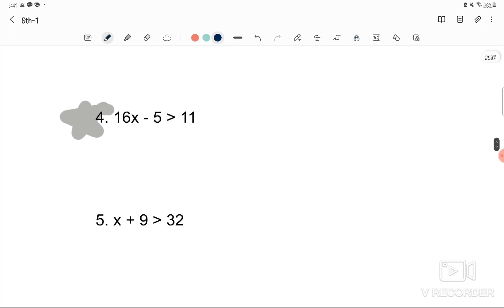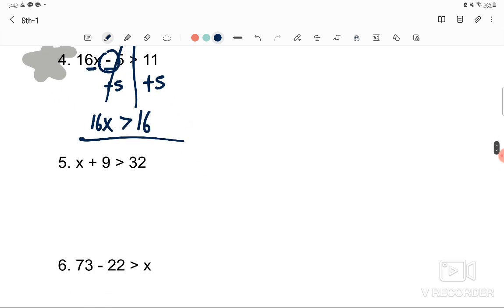So let's do number 5. Like I said, there's multiplication over here and subtraction over here. You have to add or subtract first. So add 5 on both sides. So it cancels out, and 16x is greater than 16. Okay, be careful, this 16 is positive.